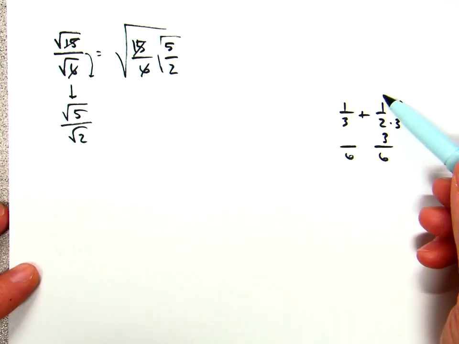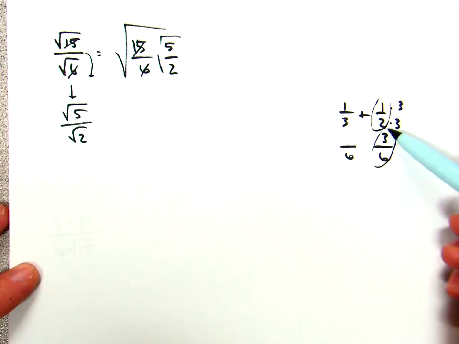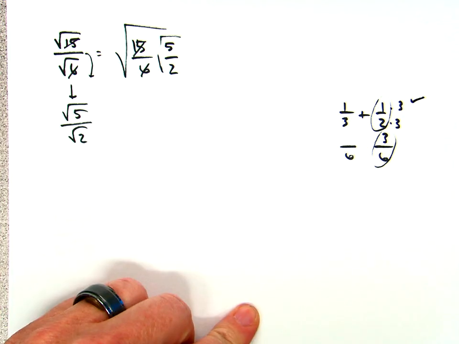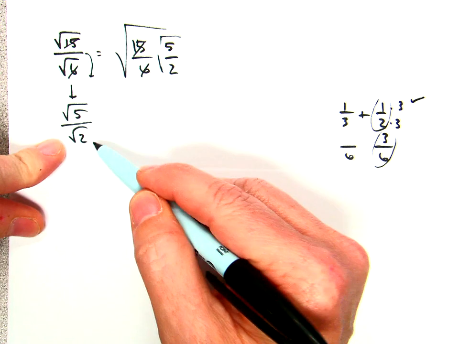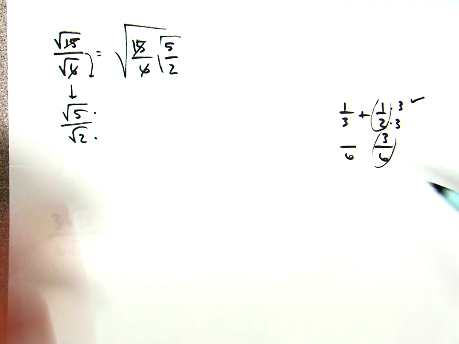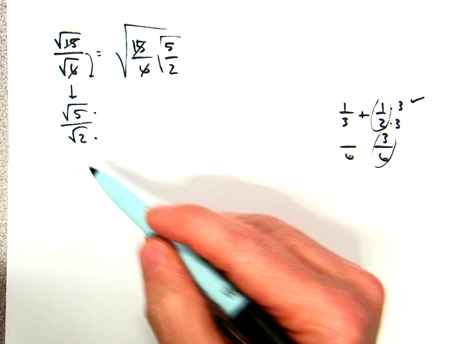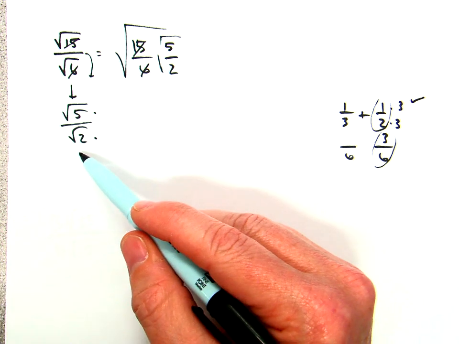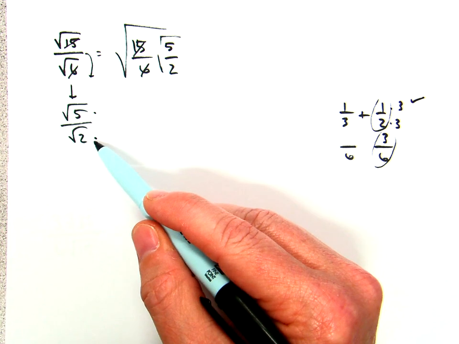So we basically just made 1 over 2 look different, but have the same value. This is essentially what we're going to do right here. We can multiply the top and the bottom by something to change the way it looks. Now our goal is to not have a root on the bottom. So in order for the root to go away, we would have to multiply by something else.